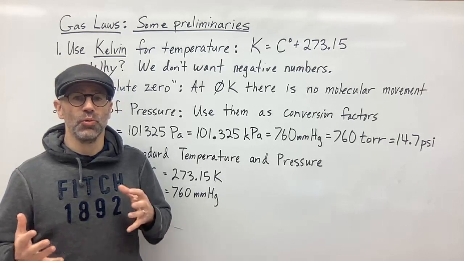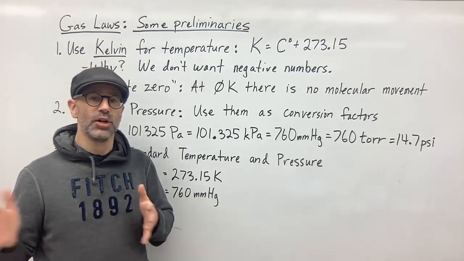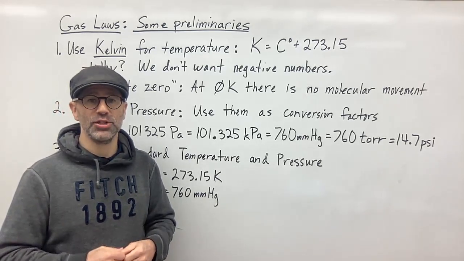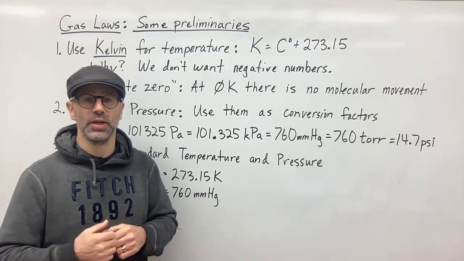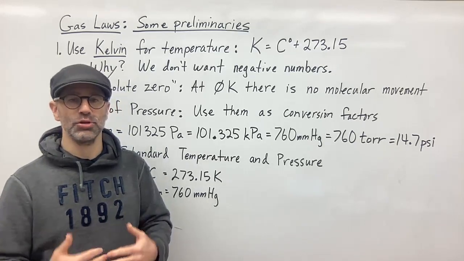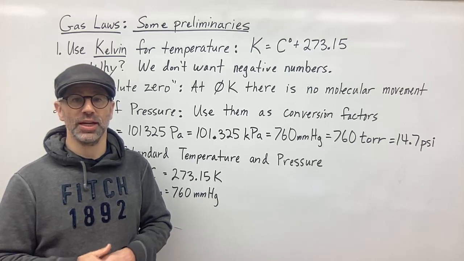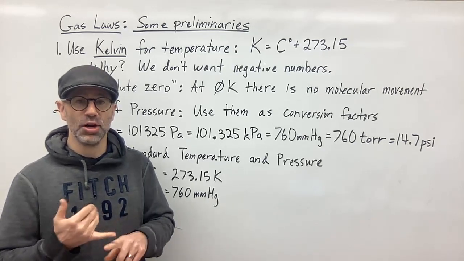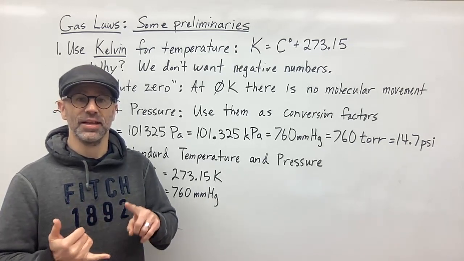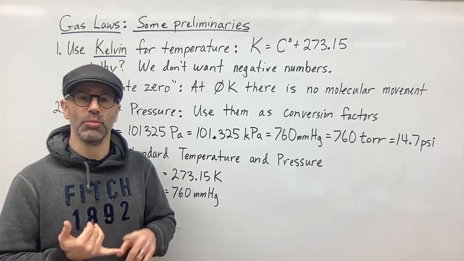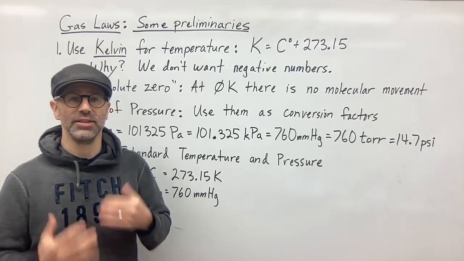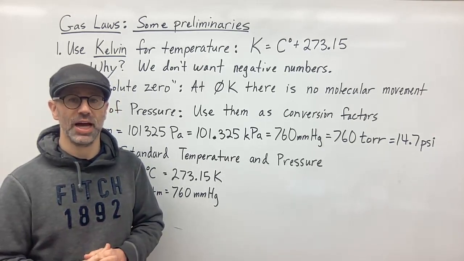That means there should be a temperature at which the molecules stop moving, and that would be the absolute lowest temperature you could get. So zero on this scale is absolute zero, and you can't go below that. That's the reason why we use the Kelvin scale.